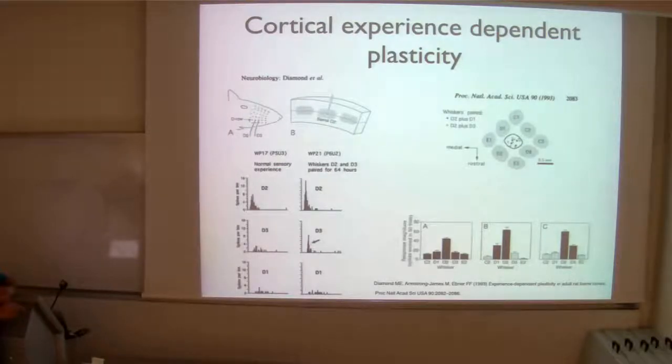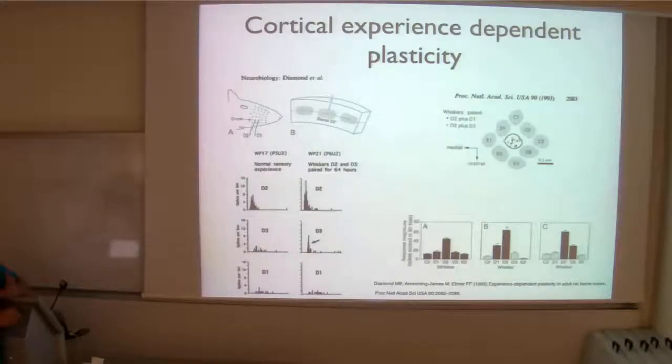Why is it activated? During this 64-hour period that you wait, what happens? Every time the D3 whisker is moving, even if just the D3 whisker was moved, this neuron was activated, because the D3 whisker is paired with the D2 whisker, and the D2 whisker is activating the barrel.